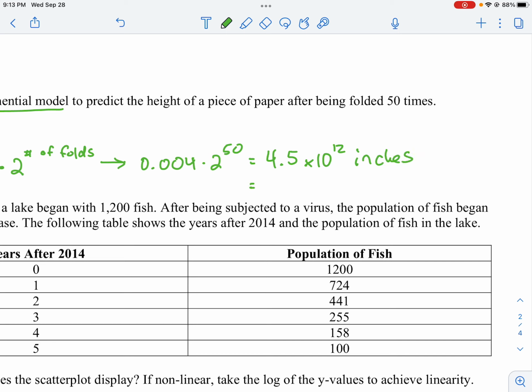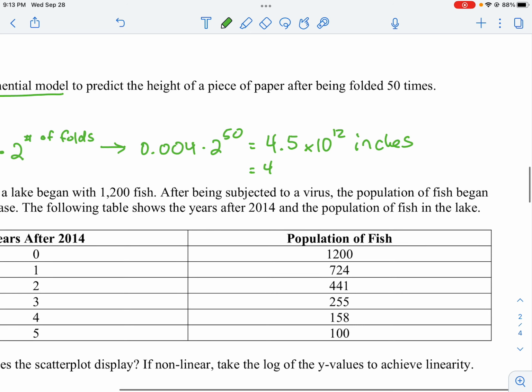In other words, that is 4, and then we slide the decimal place over 12 times to the right. 1, 2, 3, 4, 5, 6, 7, 8, 9, 10, 11, 12. So 1,000, million, billion, trillion, 4.5 trillion inches.